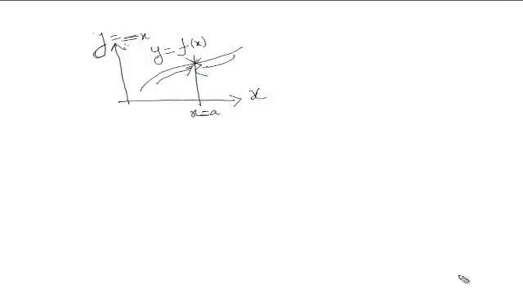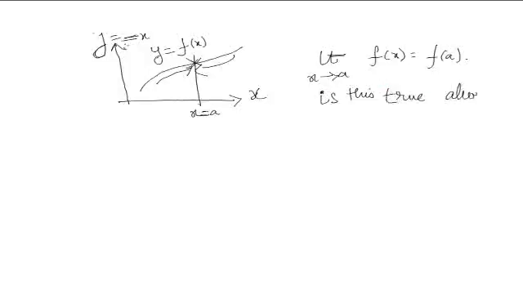Now the question comes: we have defined this limit, x tends to a, f of x is equal to f of a. Now the question asked is, is this true always?